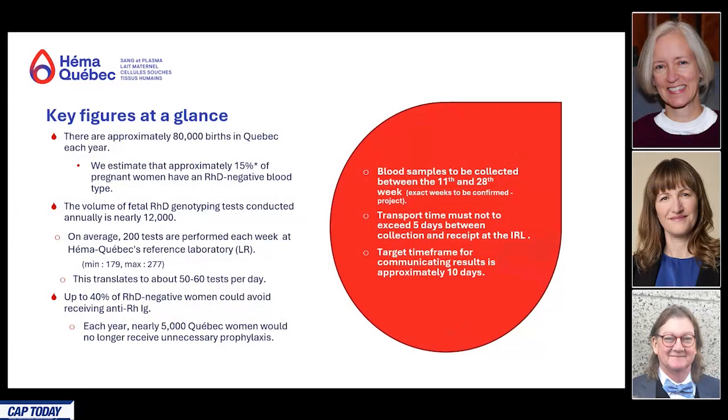So every year we have around 80,000 births in Quebec, and we estimate that approximately 15% of pregnant individuals are Rh negative. Most of our patients are Caucasian. From that estimate comes the annual number of 12,000 analyses per year. We estimate that by implementing NIPT for fetal RHD, approximately 5,000 women per year will avoid RhIG prophylaxis at 18 weeks of gestation.